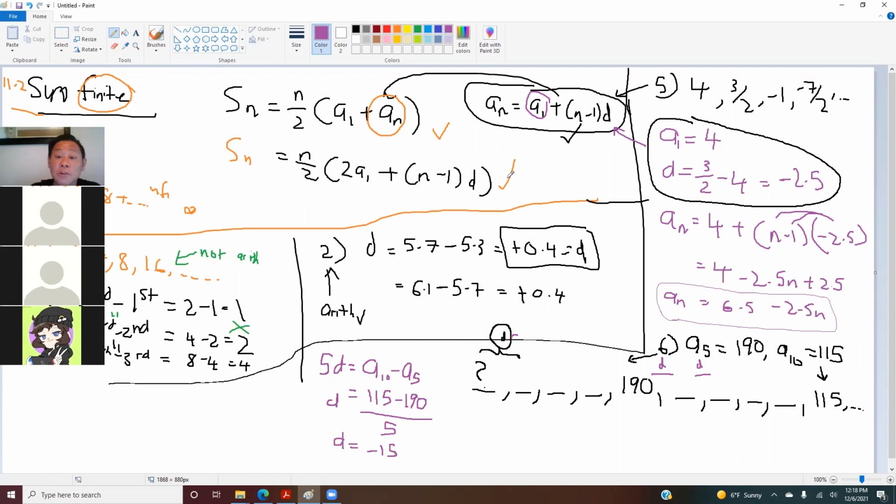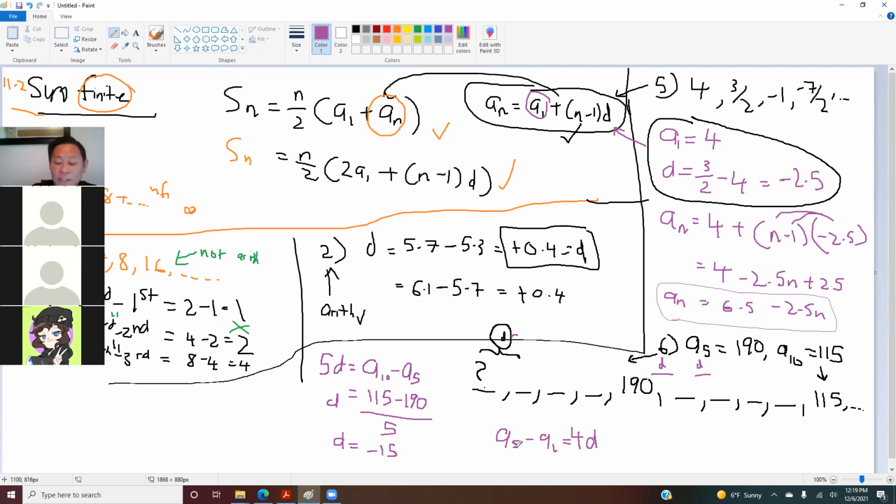So we can use back the formula here, or you can use back this formula. A5 minus A1 equals to how many D's? So from here to here, how many D's do we get? So A10 to A5 is 5D. So A5 to A1 is how many D's? That will be 4D.